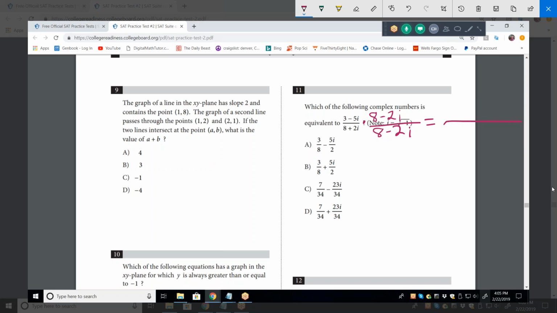Okay, so you have 8 times 8, which is 64, and then you get minus 2i plus 2i, which cancels out, and then you're left with 4i squared, and i squared is equal to -1, so it's plus 4, you're adding 4, and then you get 68. Okay, great. Now let's do the numerator. You got to FOIL those.